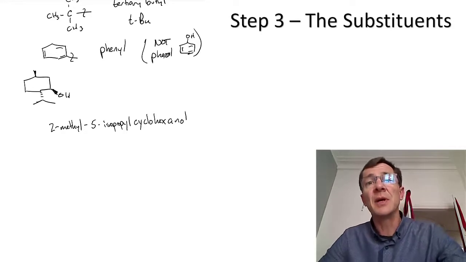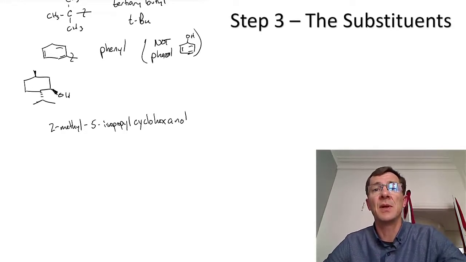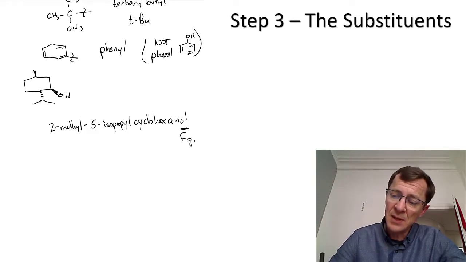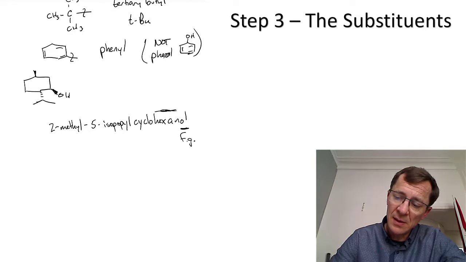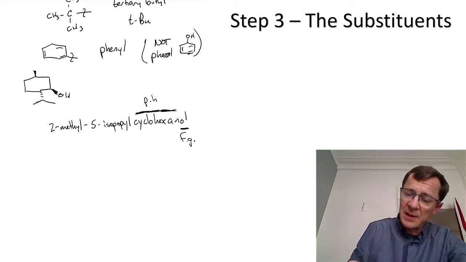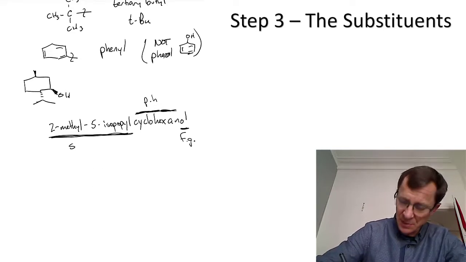Now this is kind of fun because we have almost completely named this molecule. The 3 steps have given us the functional group. It's given us the parent hydrocarbon, and it has indicated all of the substituents.